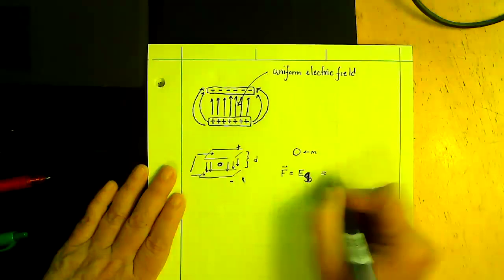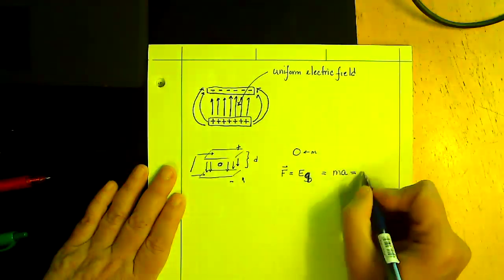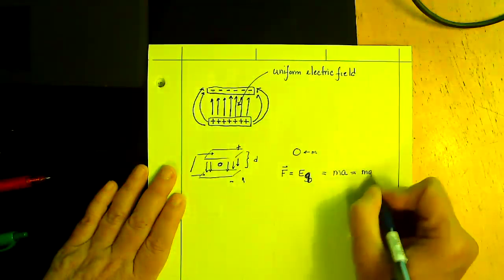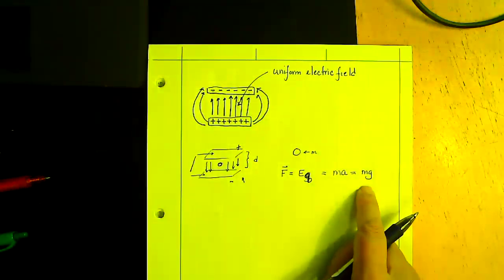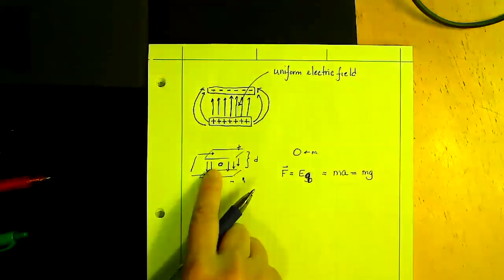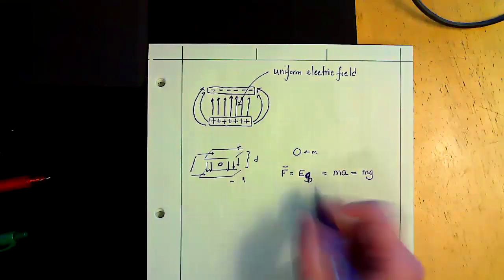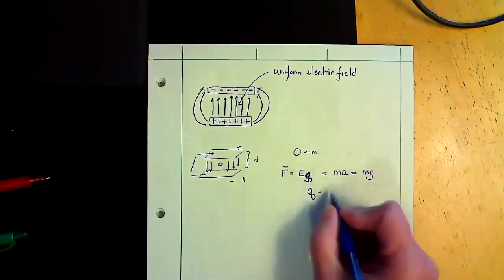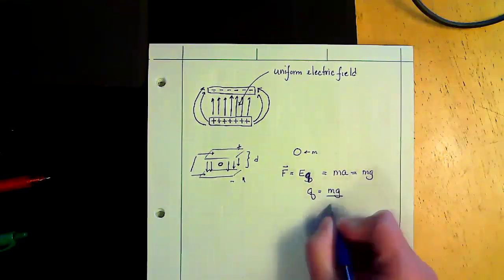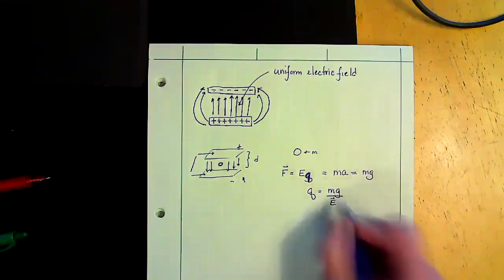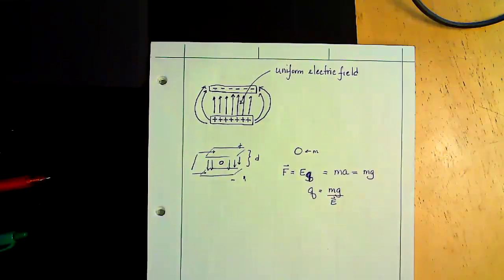And that also equals mass times acceleration, which in the case of an oil drop is going to be related to its weight. And if I know the weight of my drop, and I know my electric field, I can calculate the charge. Right? I can calculate the charge, and then I can determine the number of charges on my oil drop.